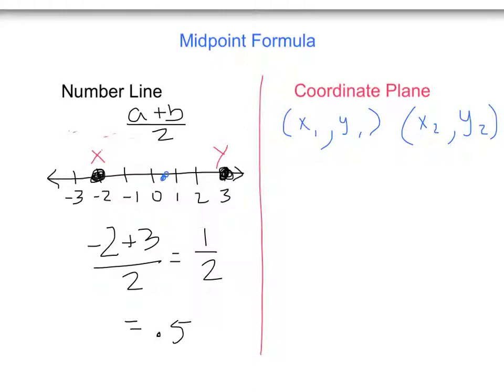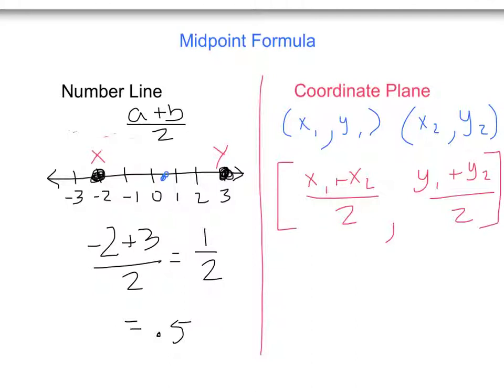And all we need to do for the midpoint for that is simply add the x's together. x1 plus x2, and divide that by 2. Put a comma here. y1 plus y2 divided by 2.